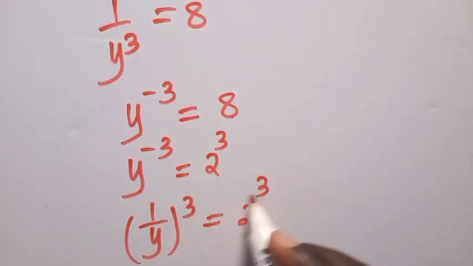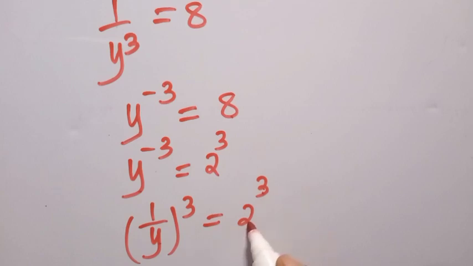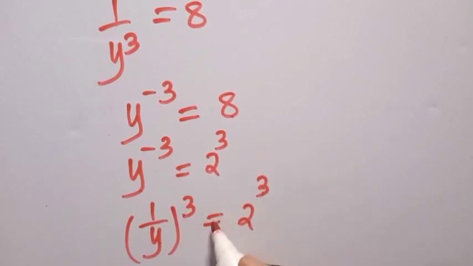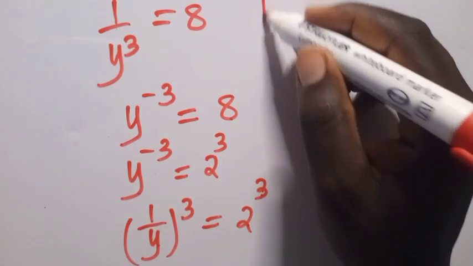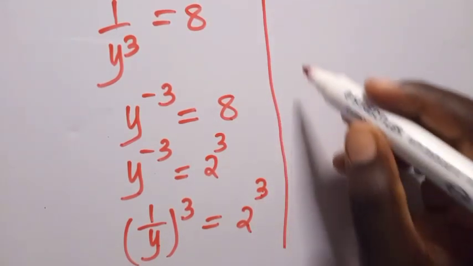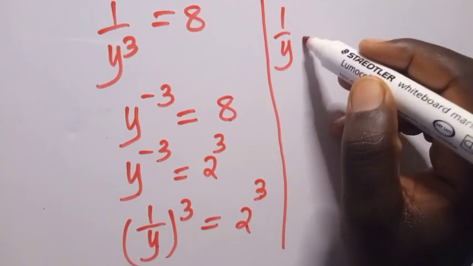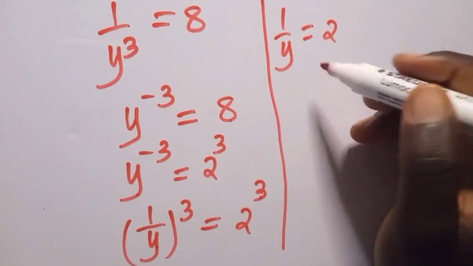Now, since the powers are the same, we equate the bases. The base here is 1 over y, and the base here is 2. Since the powers are the same and there is an equal sign in between, we equate the bases. Therefore, we shall have 1 over y equals 2.